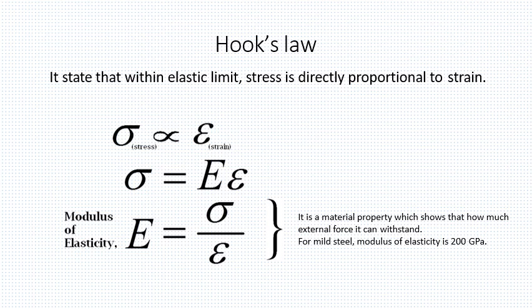Within the elastic limit, any force we give will not produce permanent deformation, and stress and strain are directly proportional. So stress equals Young's modulus times strain, whereas the modulus of elasticity E is stress divided by strain. It is a material property which shows how much external force it can withstand. For mild steel, the modulus of elasticity is mostly taken as 200 gigapascal.